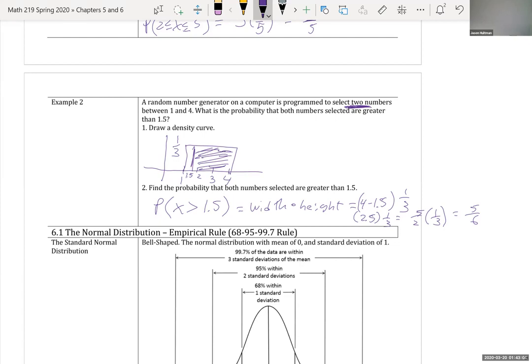And so because there's 2 numbers, we're going to do 5/6 times 5/6, which is 25/36. So that's the probability that 2 numbers would be there.